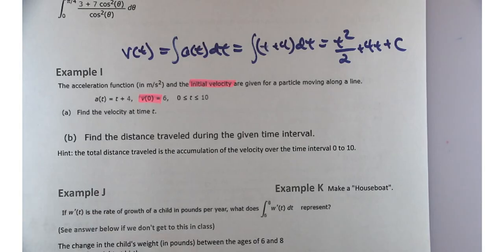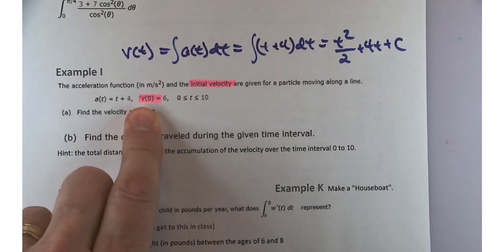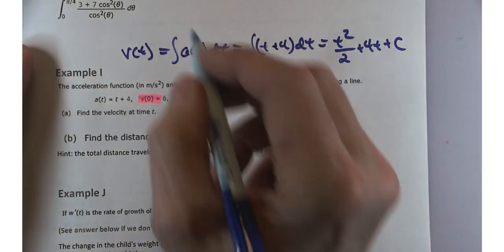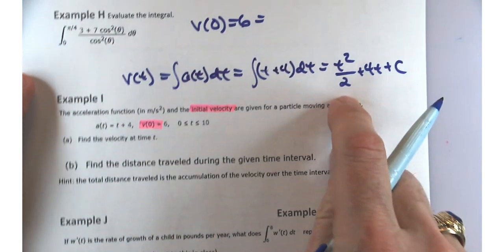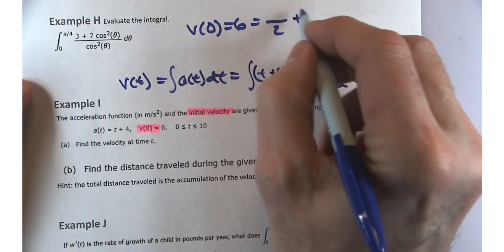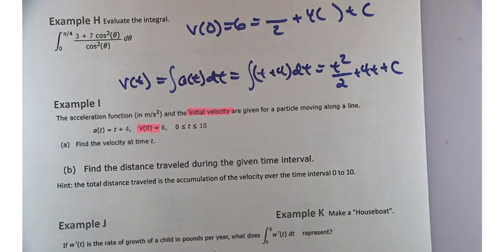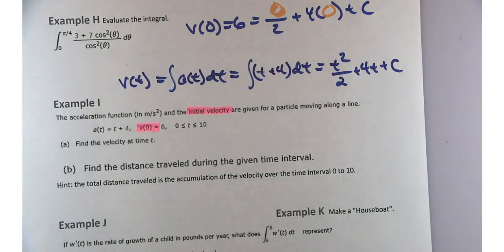But here's where the initial condition comes into play. The velocity at time 0 is 6. So v of 0 equals 6 would equal 0 squared over 2 plus 4 times 0 plus c. 0 and 0. What's that telling me about c?